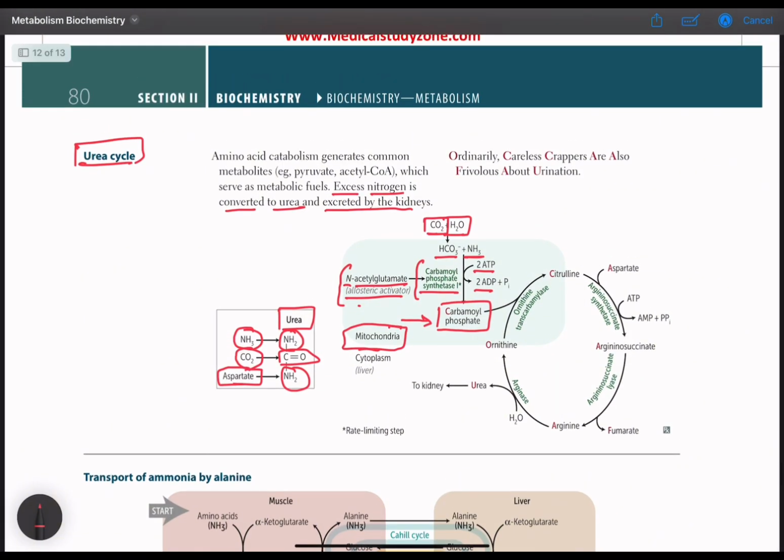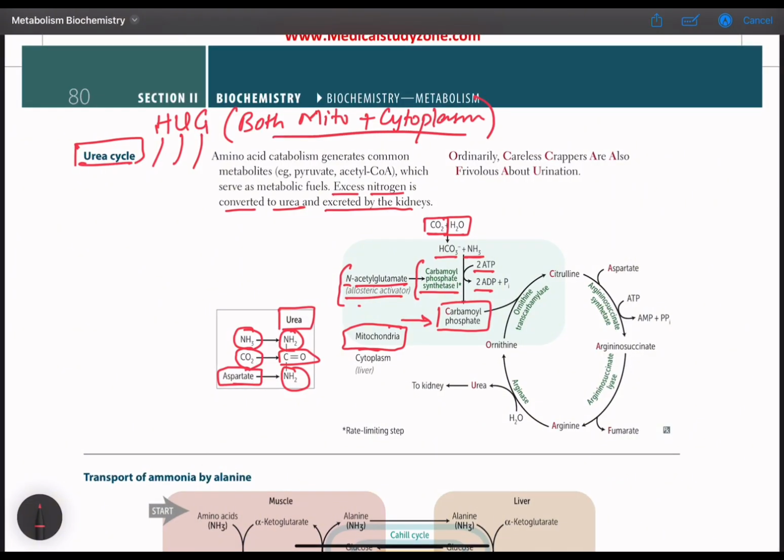One thing to remember about the urea cycle is that it takes place in both mitochondria and cytoplasm. The mnemonic for it was that HUGS: heme synthesis, urea cycle, and gluconeogenesis all take place both in mitochondria as well as cytoplasm.